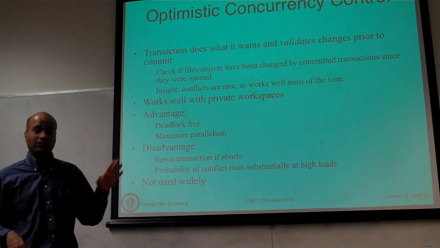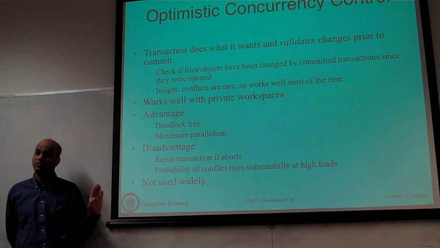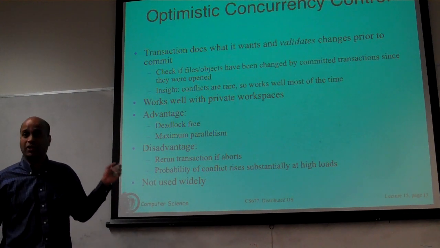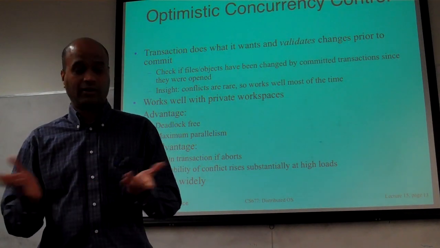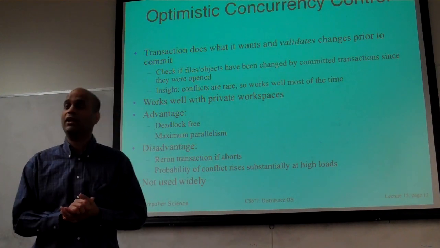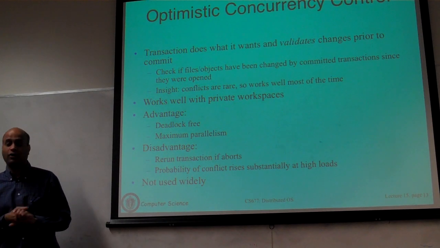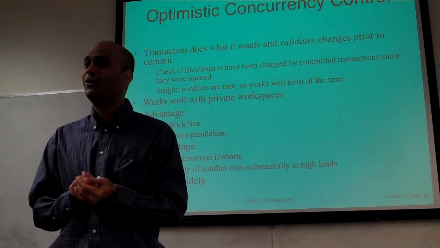Every commercial system that you see actually uses pessimistic, where they use locks, they don't use optimistic. Even though it has some of these properties and lots of papers have been written. And I think the simple reason is you cannot sell a product where you tell the customer that after 80% utilization you are not going to see any progress. The system will stop doing anything more. So people don't like that, right?